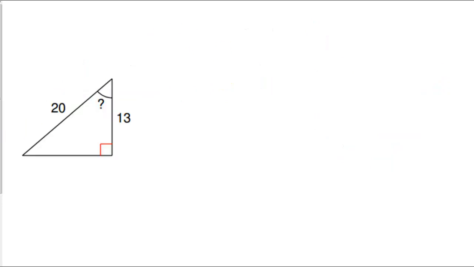Here's another situation where we have to find the missing angle. We just need to determine how these sides are related to it. Opposite the right angle, which is the hypotenuse. Sharing the side of the angle, which is next to it, so we call that the adjacent. Adjacent and hypotenuse is the cosine of this angle, is equal to the adjacent, which is 13, over the hypotenuse, which is 20.